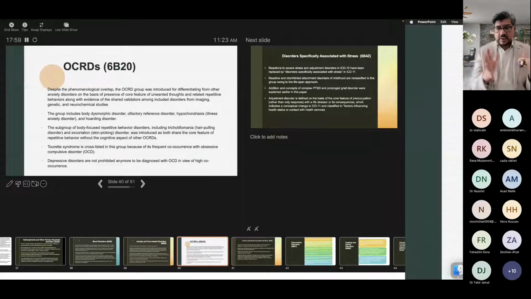So all of these disorders, which are originating from one common theme in the brain, the orbitofrontal cortex, they are put together as OCRDs.